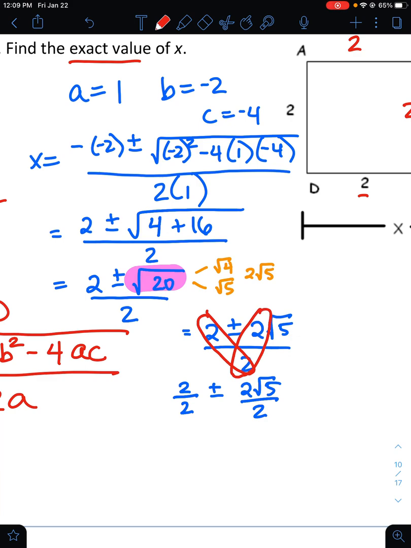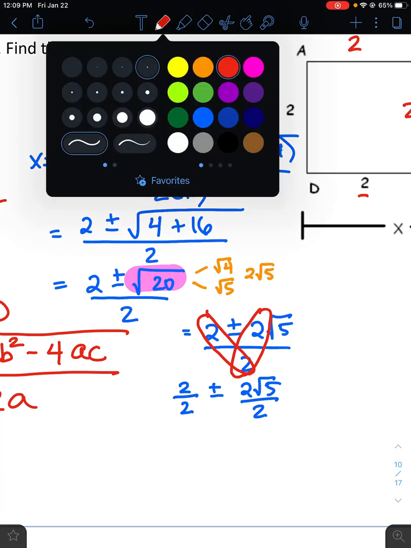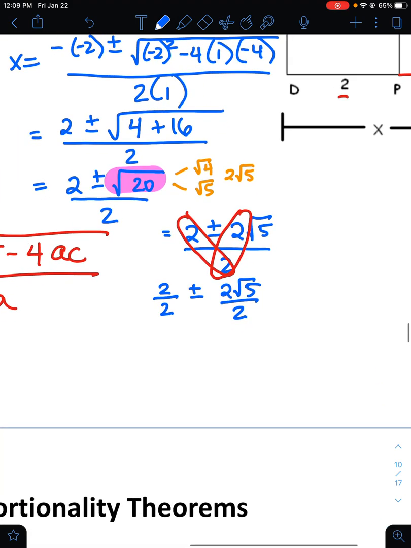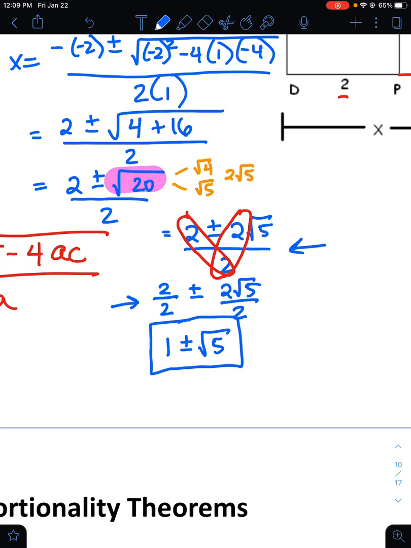We can reduce down both of those 2's, okay? So when I am done here, I end up with 1 plus 2 divided by 2 is 1 square root of 5, which is what I'll get up here if I were to notice 2 divided by 2 on both of them. So in exact form, here is where we are at, 1 plus or minus the square root of 5.